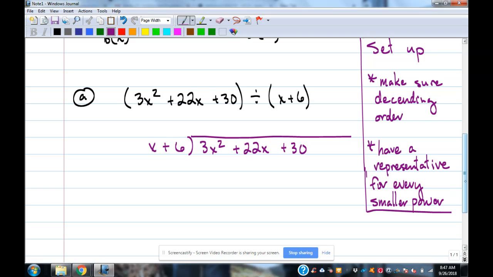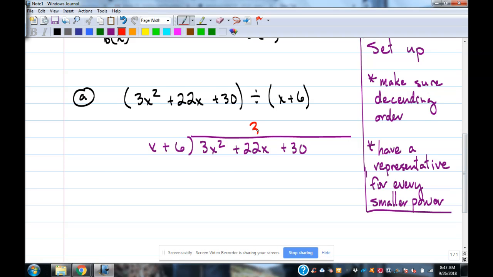It would be very difficult to think about x plus 6 all together and see what would get this, so we want to make it easier on ourselves. The method is to look at the first term in your divisor, what you're dividing by, and it's x. What times x will get me 3x squared? 3x.